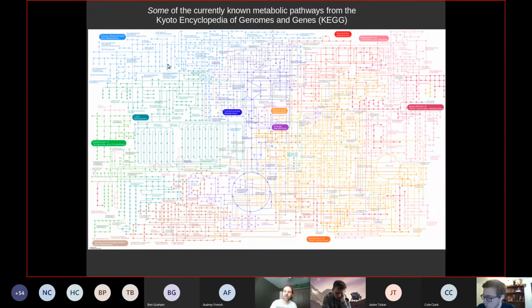So how is it that a methanogen takes some hydrogen and some CO2 and makes methane? Well, we actually know all of those genes, and we know in what order things are transformed. And so you can click on these and kind of follow it around. You can highlight pathways, and it'll show you what organisms we know have that pathway present in their genome, that kind of stuff. It can be pretty cool. Okay.